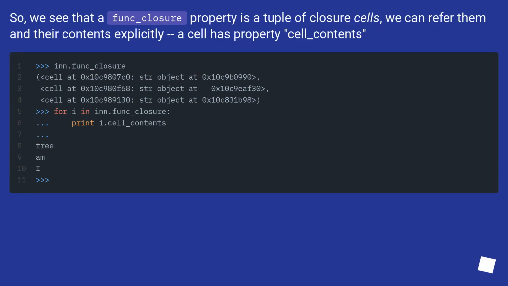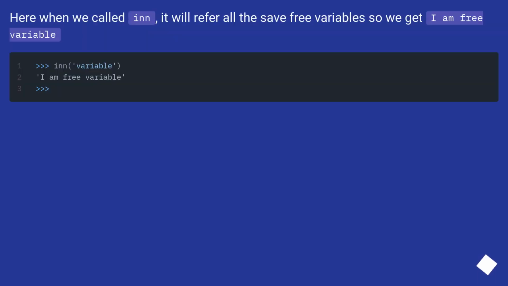We can refer to their contents explicitly. A cell has the property cell_contents. Here when we call it, it will refer to all the saved free variables, so we get the I am free variable output.